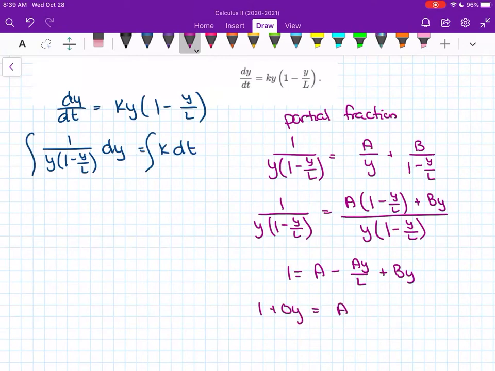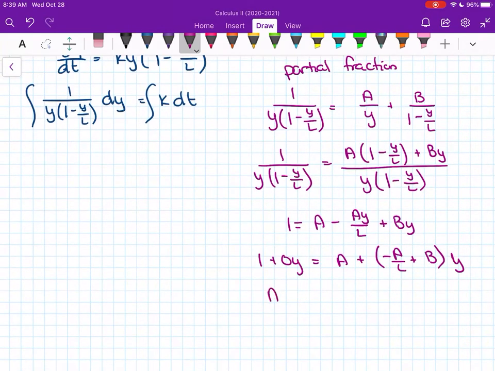If I write the left-hand side as 1 plus 0y, I can see that A is going to have to equal 1. And then negative A over L plus B, times y, has to equal 0.